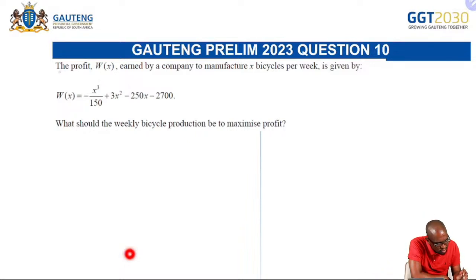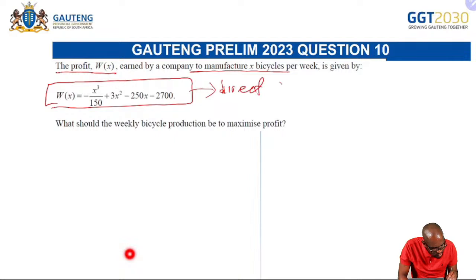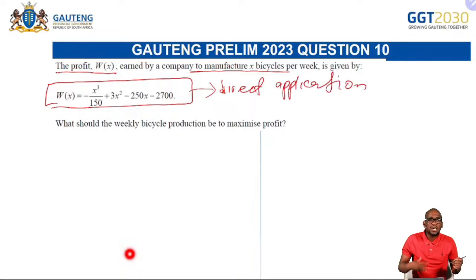It reads as follows: the profit W of X earned by a company to manufacture X bicycles per week is given by. So you are given the objective function, which means that this would now be a direct application. The application to calculus can be direct or indirect.